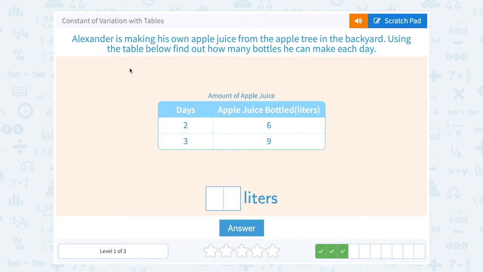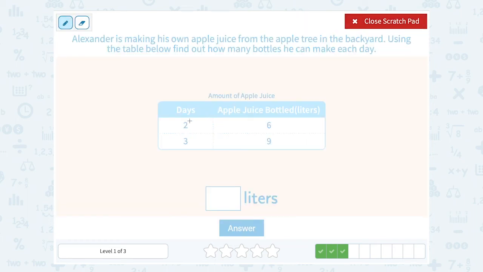Alexander is making his own apple juice from the apple tree in the backyard. Using the table below, find out how many bottles he can make in each day. Okay, well we can see in 2 days he made 6 bottles, and in 3 days he made 9. So it looks like it's moving at a constant rate.